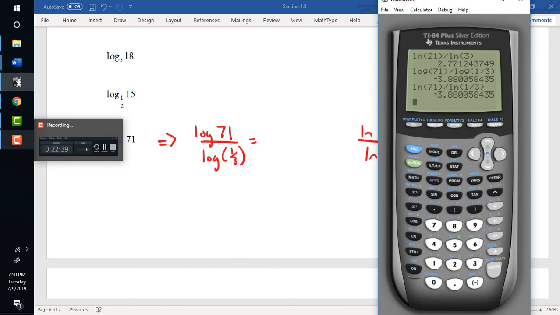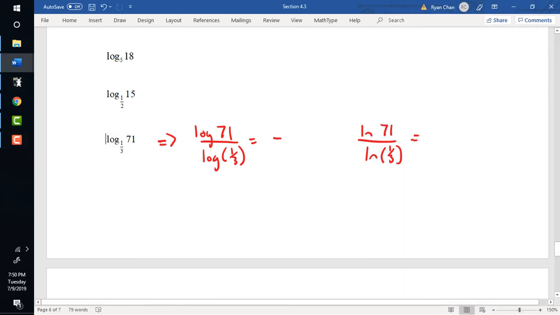As you can see, we end up with the same number. I have negative 3.88 and negative 3.88.